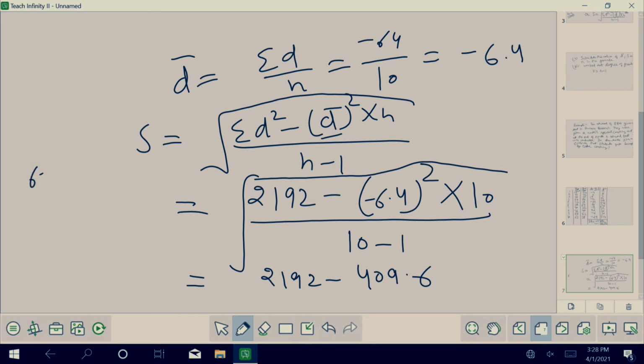You need to calculate 64 into 64 then into 10, which is your 409.6. You can use a calculator while doing these calculations, and divided by 9.